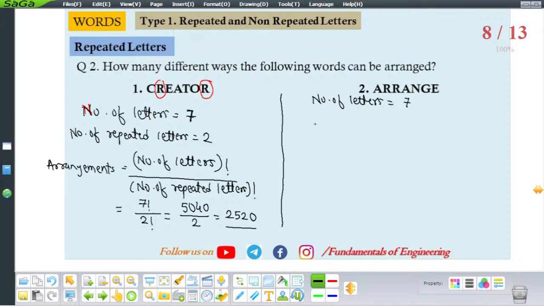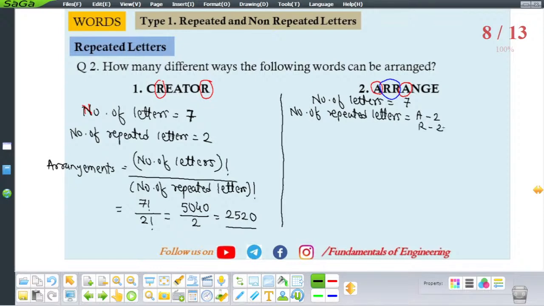Now the number of repeated letters. Here A is repeated twice, and also R is repeated twice. So A is repeated twice and R is repeated twice.